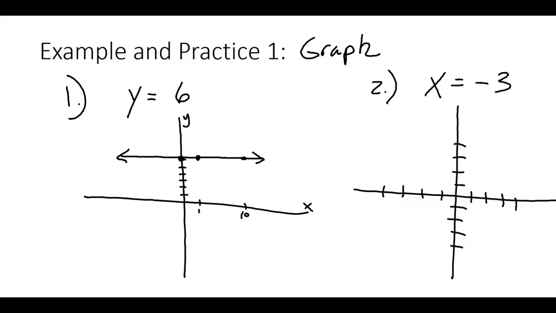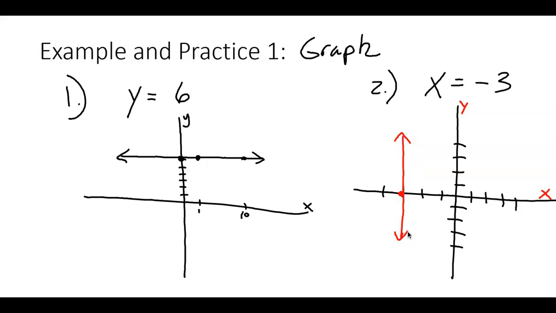You'll notice that since it says x equals, we're going to go on the x-axis this time. That's my x-axis, that's my y-axis. So I want to find where x equals -3. Is that top right, bottom, or left? Left. It's the left. So there's that, and we said x equals is going to be a vertical line. Okay. So they look like that.